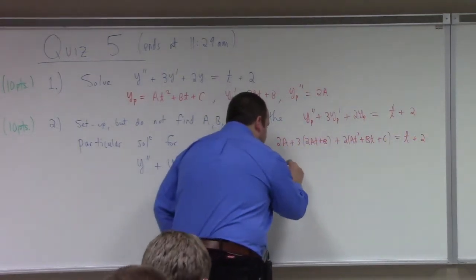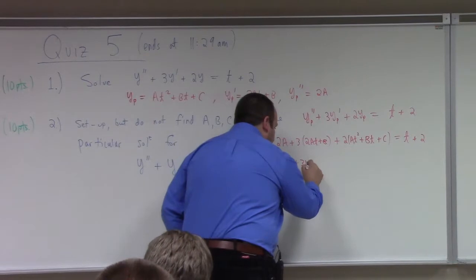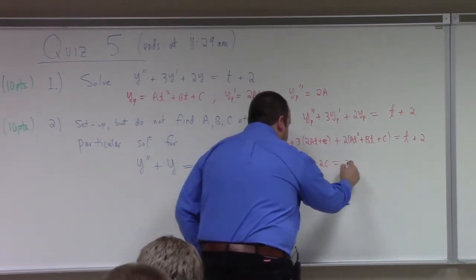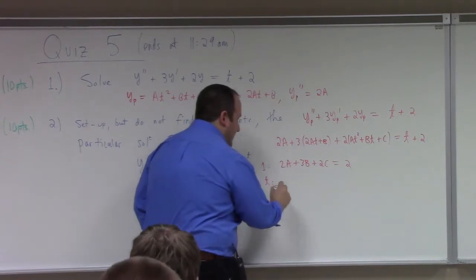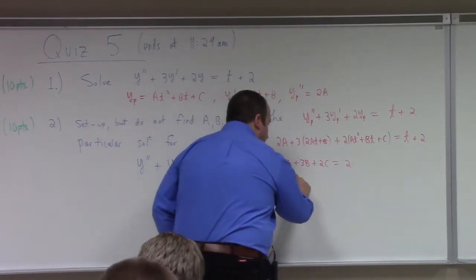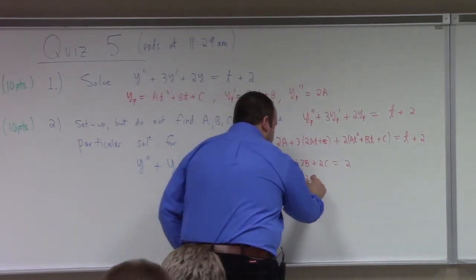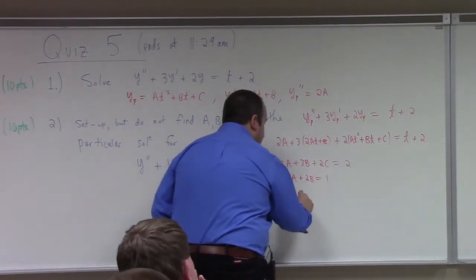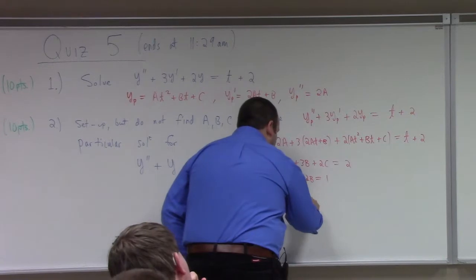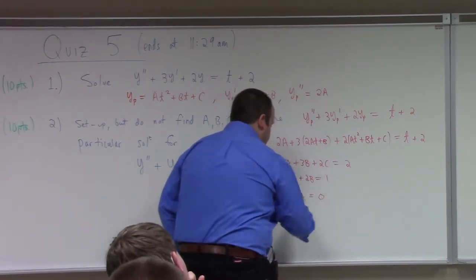So this gives me 2a plus 3b plus 2c equals 2 from the constant coefficient. From the t coefficient, I get 6a plus 2b equals 1. From the t squared coefficient, I get 2a equals 0.